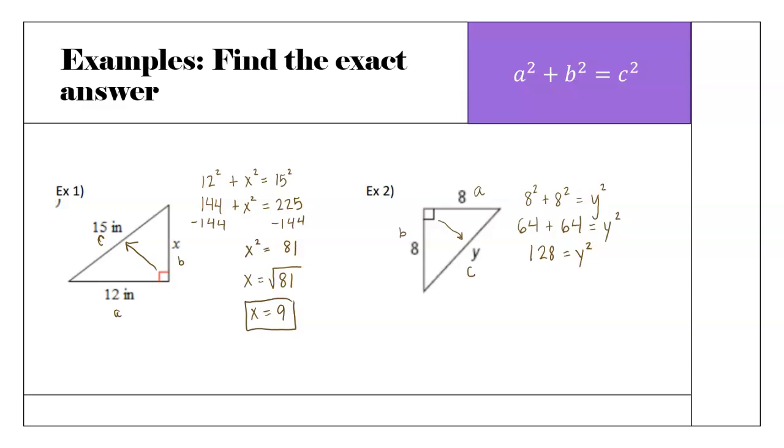I might not be great at my perfect squares, but I know that 64 goes into 128 because we just added two 64s together to get 128. So 128 is 64 times 2.